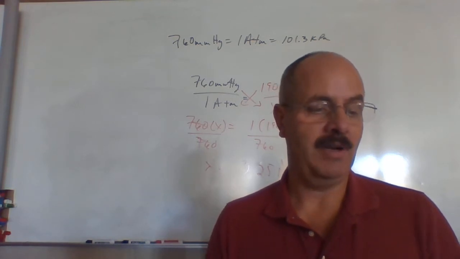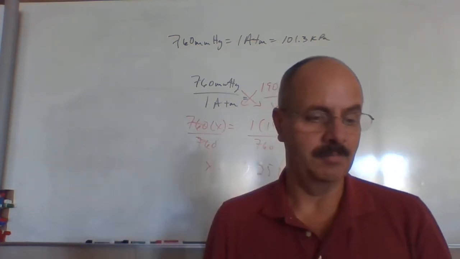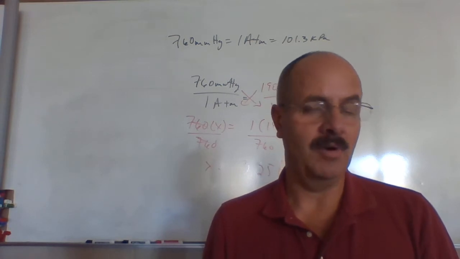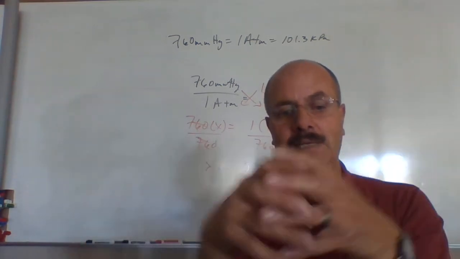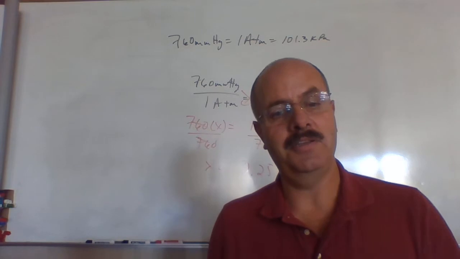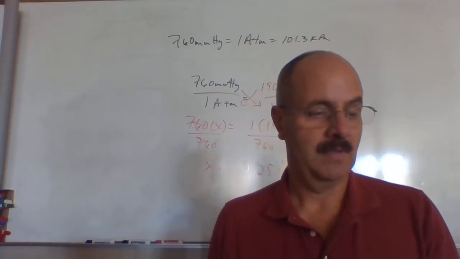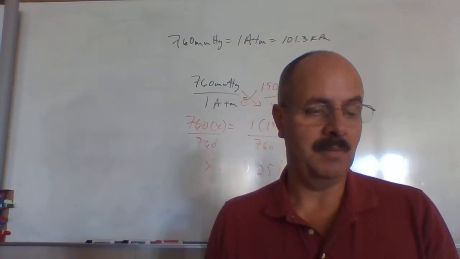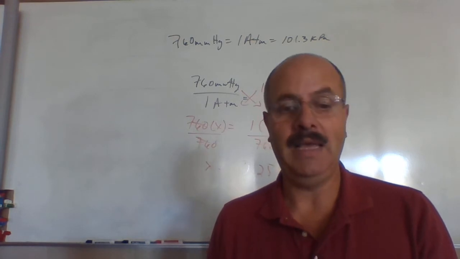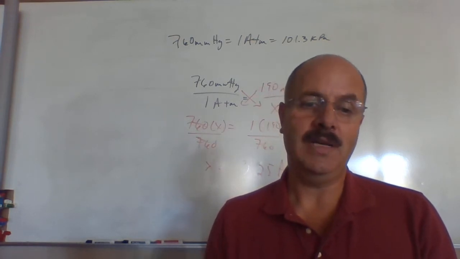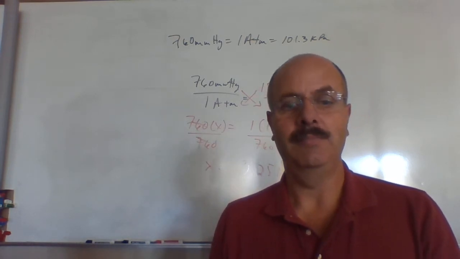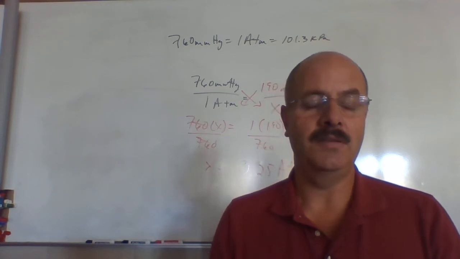Number 4, if a gas is compressed from 4 liters down to 1 liter, and the temperature remains constant, what happens to the pressure? Big down to small, increases collisions, increases pressure. Number 5, why is Kelvin temperature specified in calculations that involve gases? It's all because it's a direct relationship to the kinetic energy.